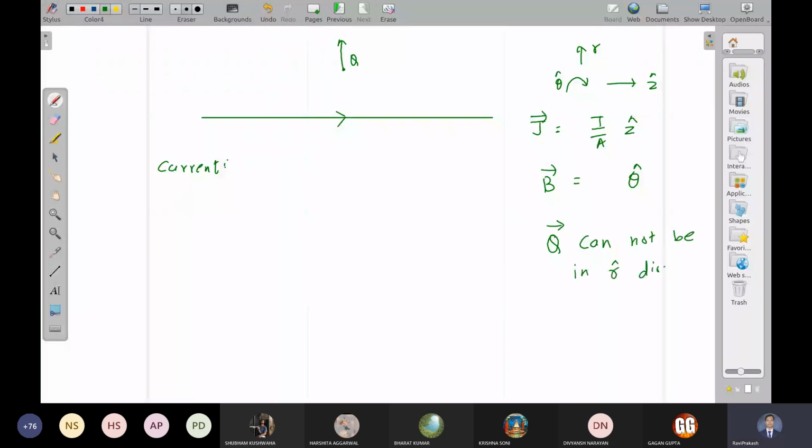Or you can say that for the magnetic field, even if you know nothing about it, if it is proportional to current, it cannot be along the r cap direction. If vector Q is proportional to current, then Q cannot be in the r cap direction. Does this look obvious to you?